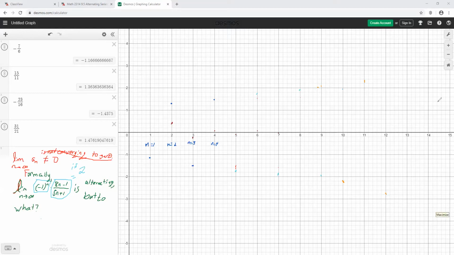Negative infinity. And that's still oscillating or alternating, but not to 2 and negative 2, not to 3 and negative 3 or something, but to infinity and negative infinity. And that's still diverging. And we would be done by the nth term test for divergence. Is that okay?